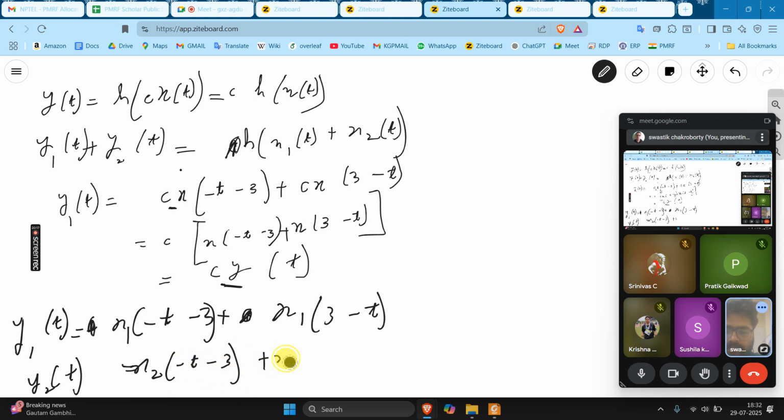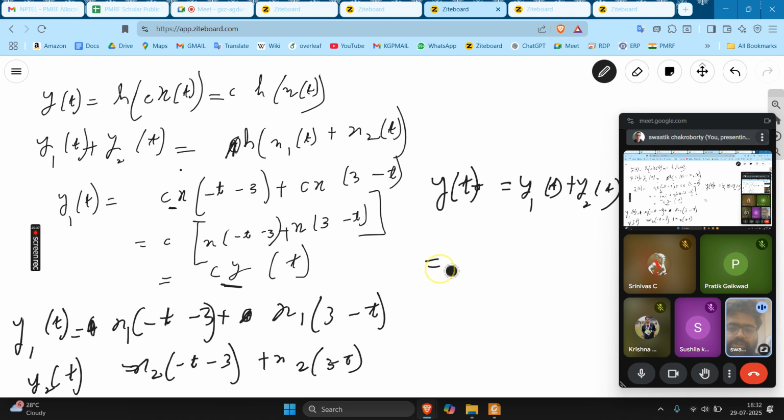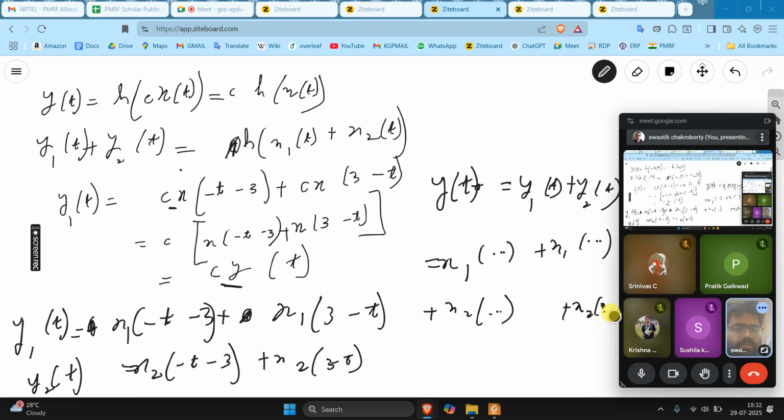Now, independently, what will be y of t? It is y1 of t plus y2 of t. So it will just be the sum of these two: x1 of minus t minus 3 plus x1 of 3 minus t, plus x2 of minus t minus 3 plus x2 of 3 minus t. So this is also additive.